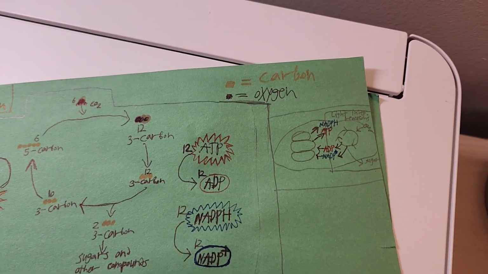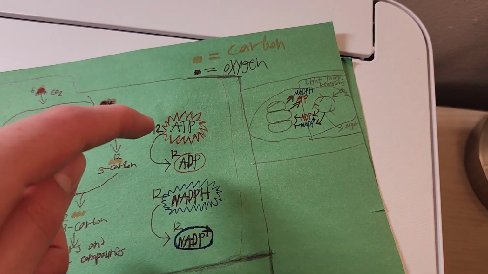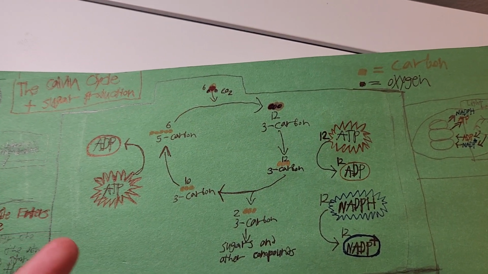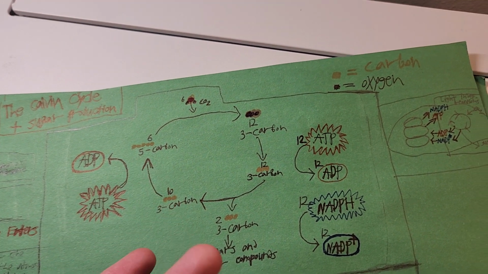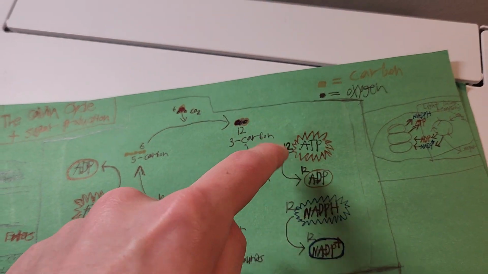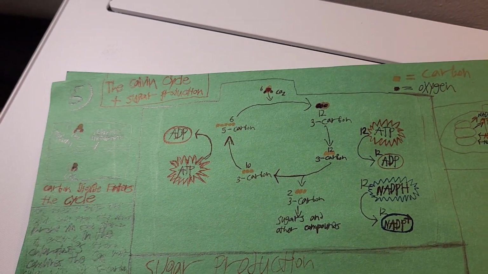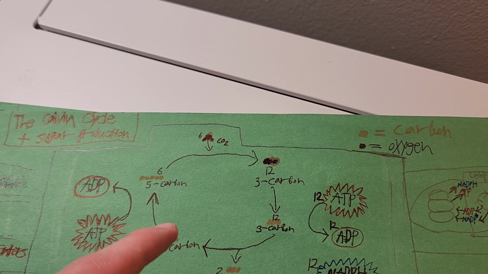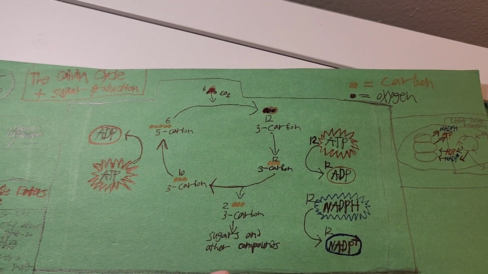So these two energy currencies right here are the most important thing to allowing this entire cycle to occur, since this cycle doesn't use light, it's a light independent reaction, so it has to get its energy from somewhere else. These two energy currencies, ATP and NADPH, are what give the Calvin cycle the energy it needs to convert CO2 alongside some remaining 5 carbon molecules together to eventually form sugars and other compounds.